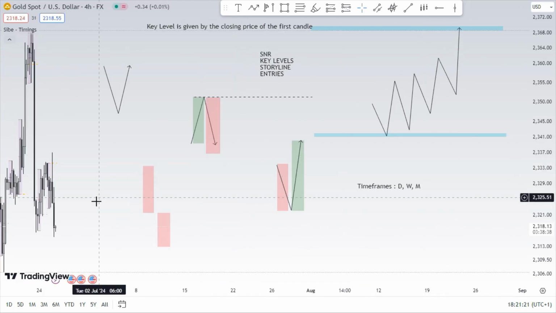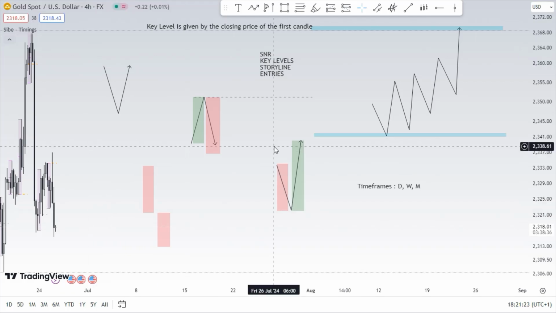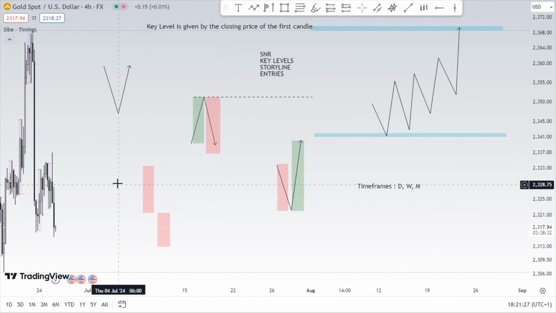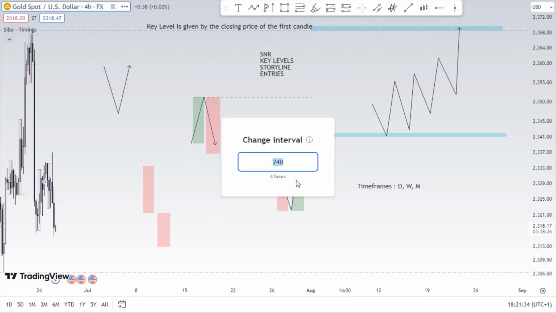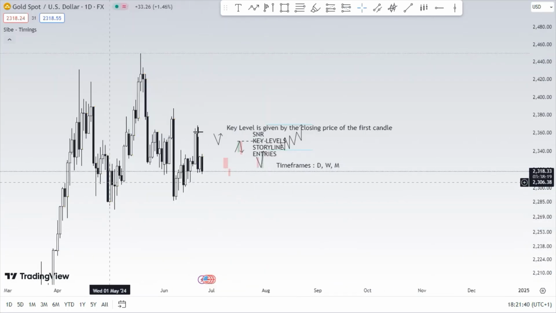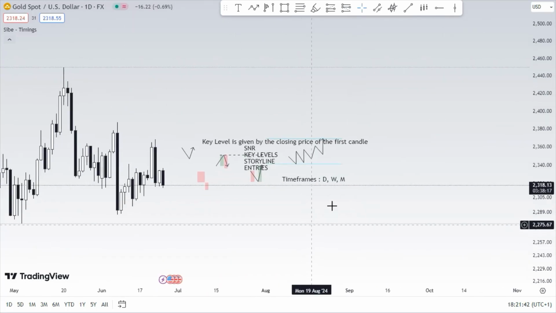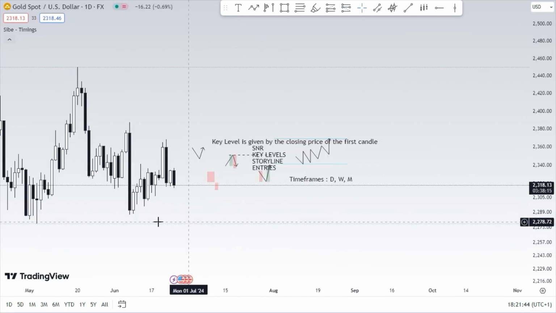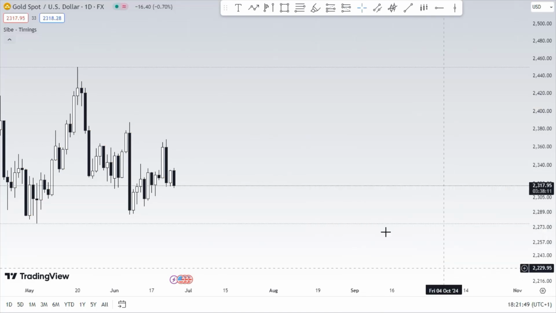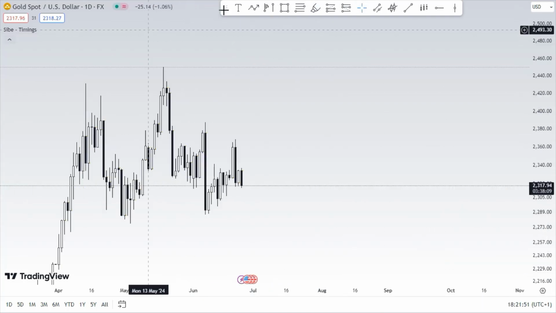So let's go, I'll show you key levels on the charts, and let's go on the daily time frame so I can show you some key levels. Okay, so when we're talking about SNR key levels, let me remove all drawings so we can go back.